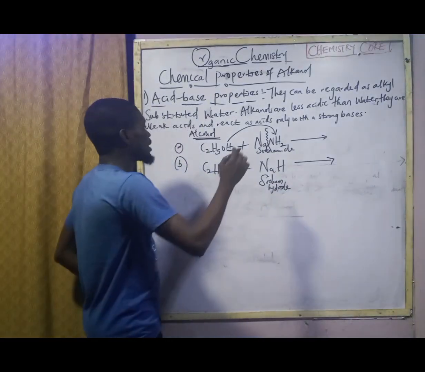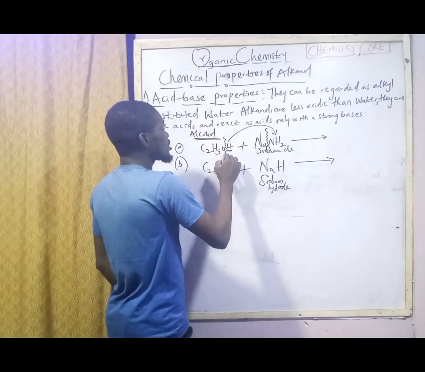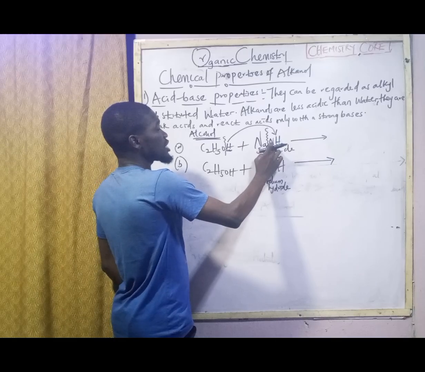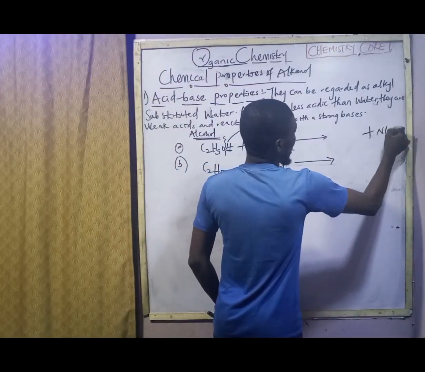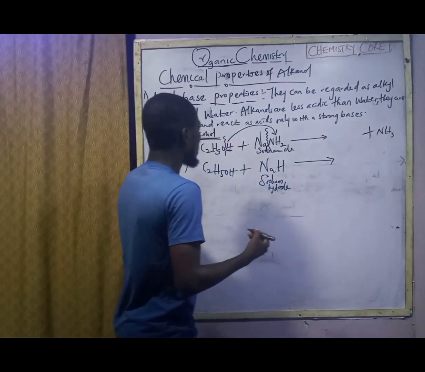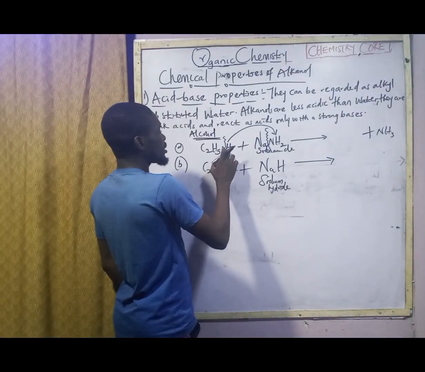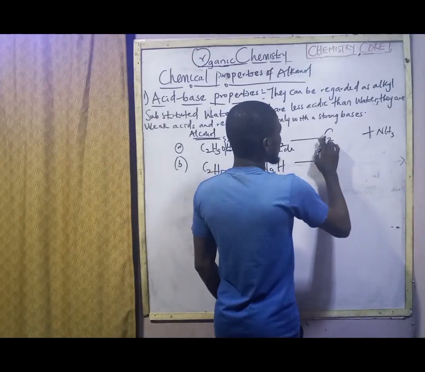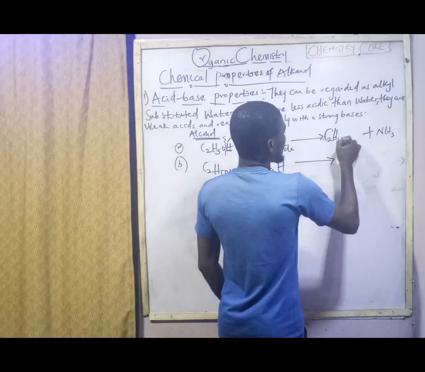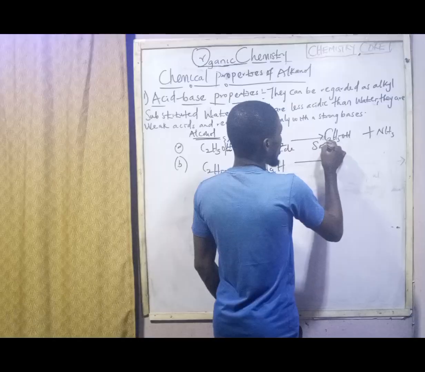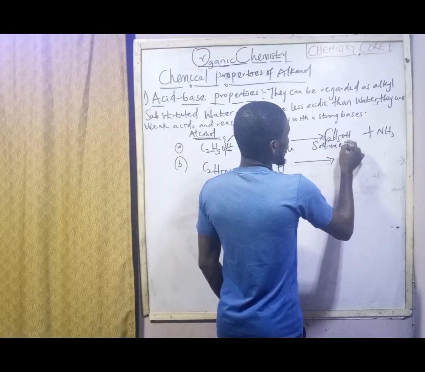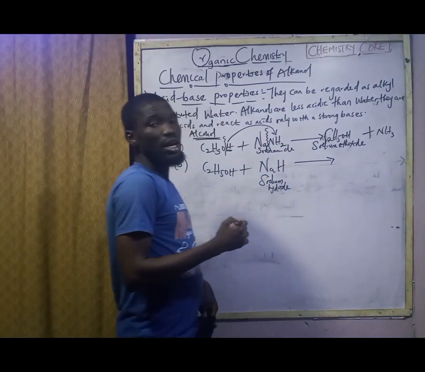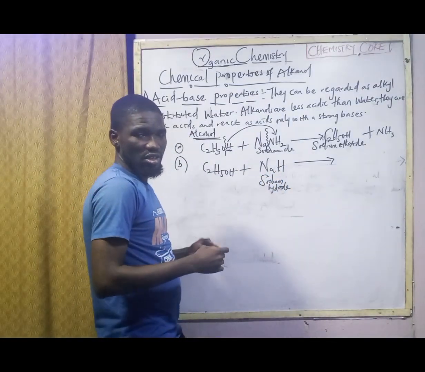So by removing this hydrogen here, the loss of hydrogen, adding it to this NH2 gives NH3, which is ammonia, and this H here would then be replaced with this sodium. So we are having C2H5ONa. This is sodium ethoxide under the alkoxides. Are you with me now?